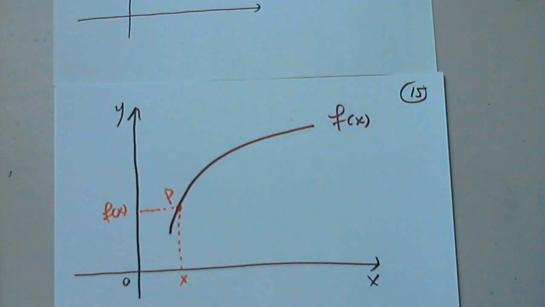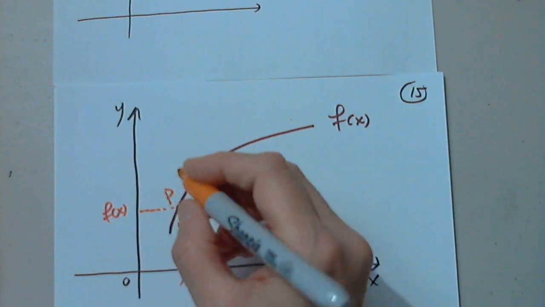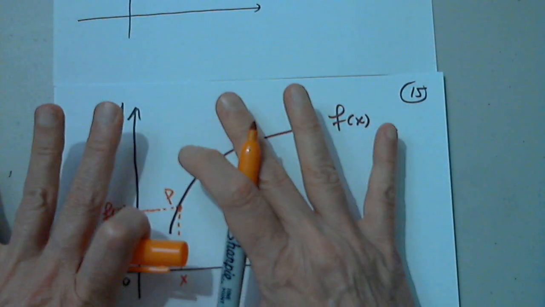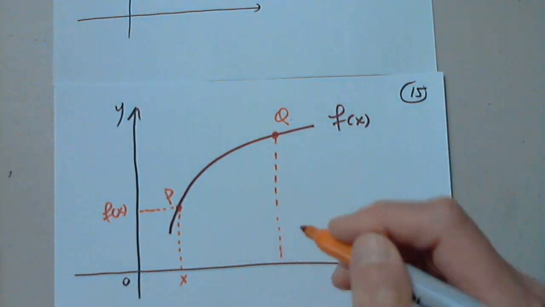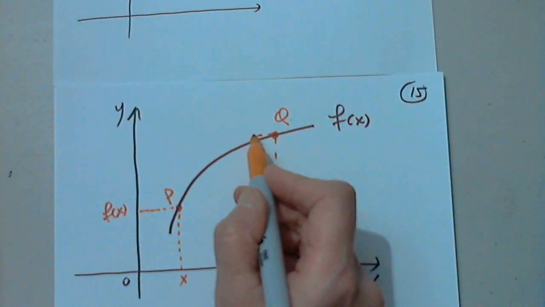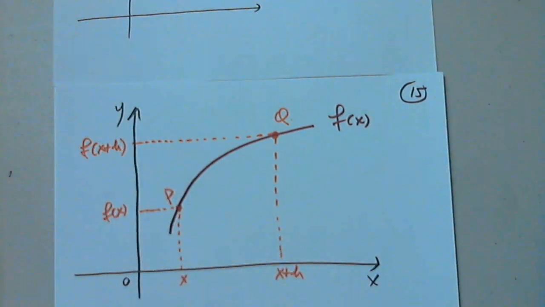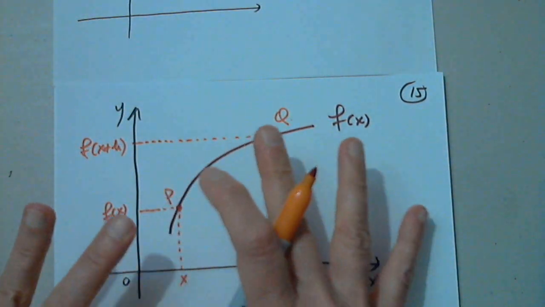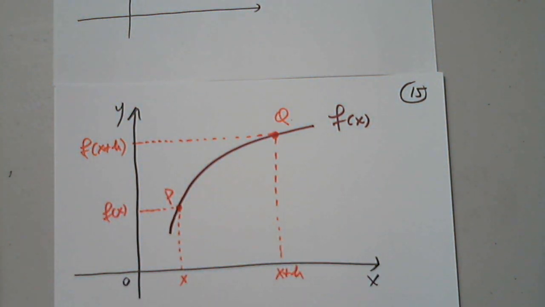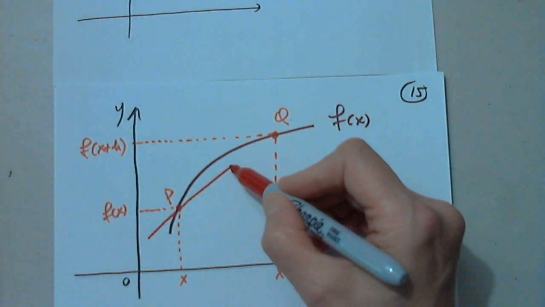And of course, this is our second best friend, P, x, f of x. And of course, we have our third best friend, Q. Very, very close, but I'm going to zoom in, and now it's right here. Q and P are very, very close to each other. Yes, of course, I'm going to draw the secant line. You know all this. You've seen it several times already.